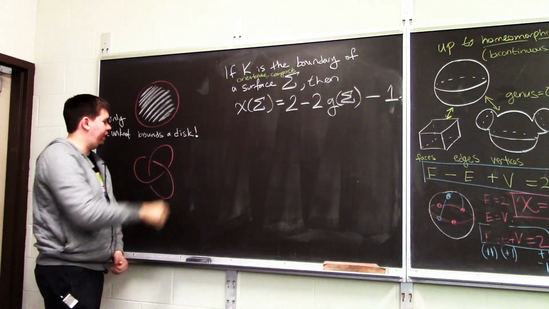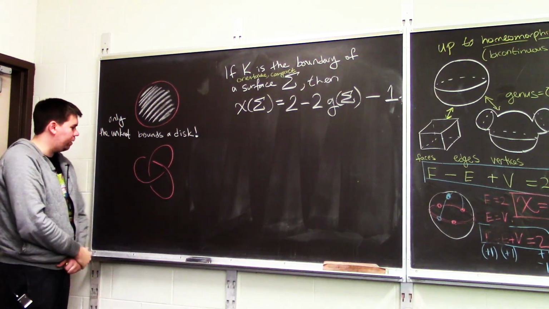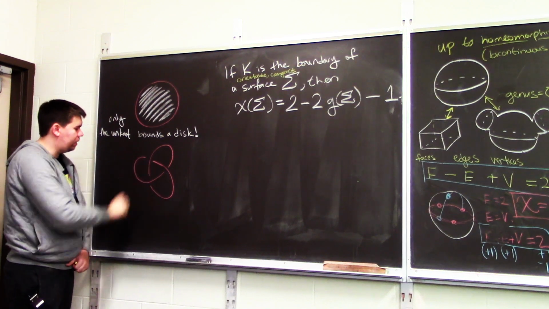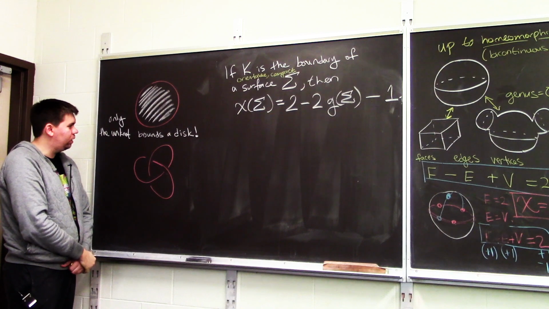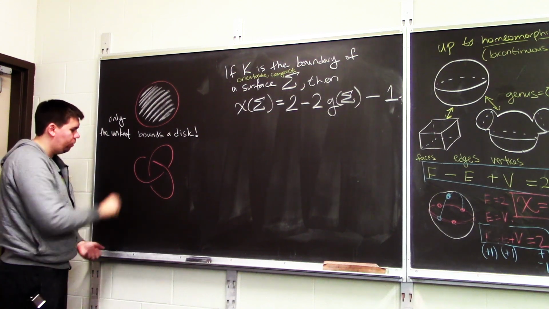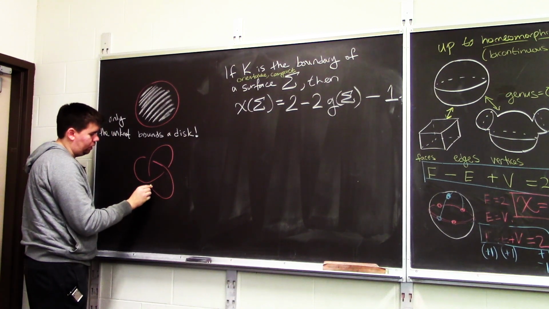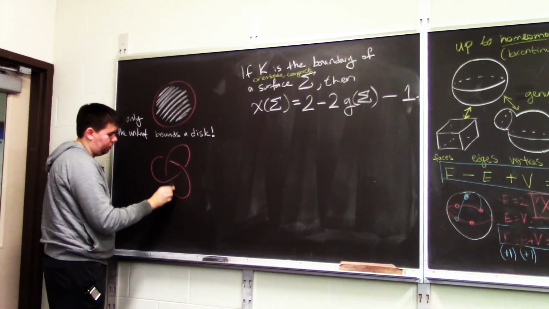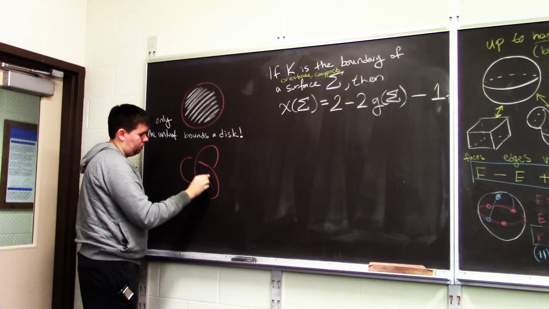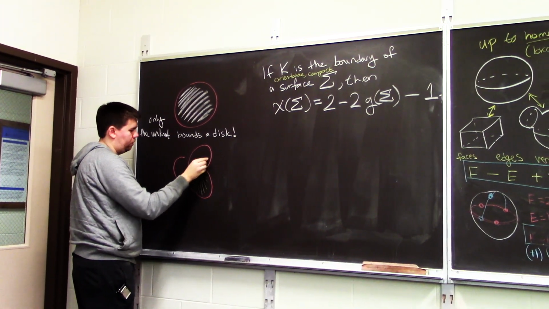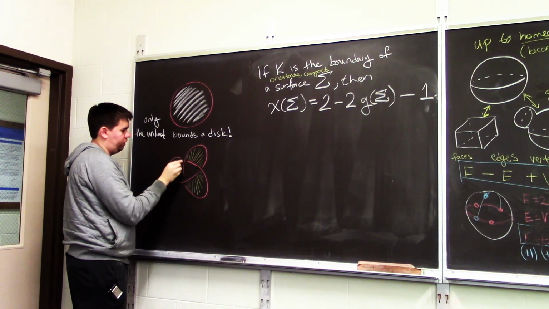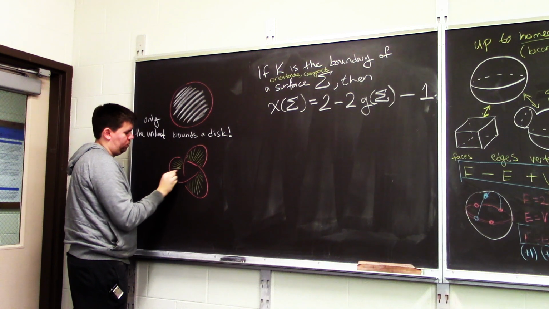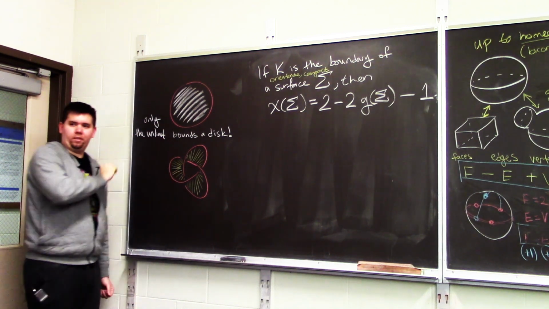Okay, let's use that fact and start thinking about what kind of a surface the trefoil might bound. Now, when you look at the trefoil, you might be tempted to say, here's an obvious surface it bounds, and you might start filling in this part, and this part, and this part.